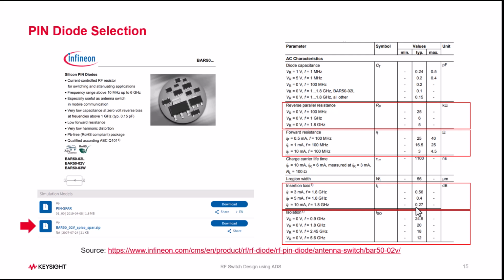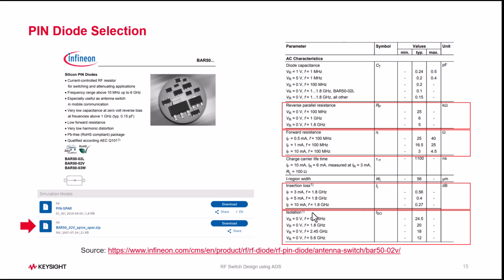Remember the previous slide where high frequency resistance is inversely proportional to the DC current. So by increasing DC current, we are reducing the resistance of the diode, hence reducing the insertion loss. So some of these things you could utilize when you do circuit design.